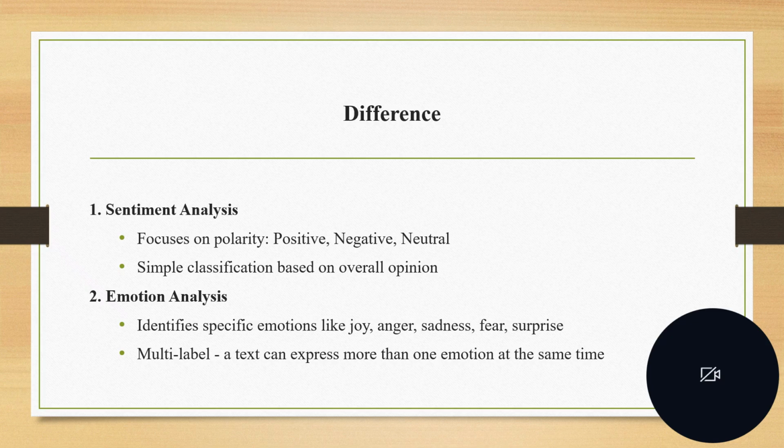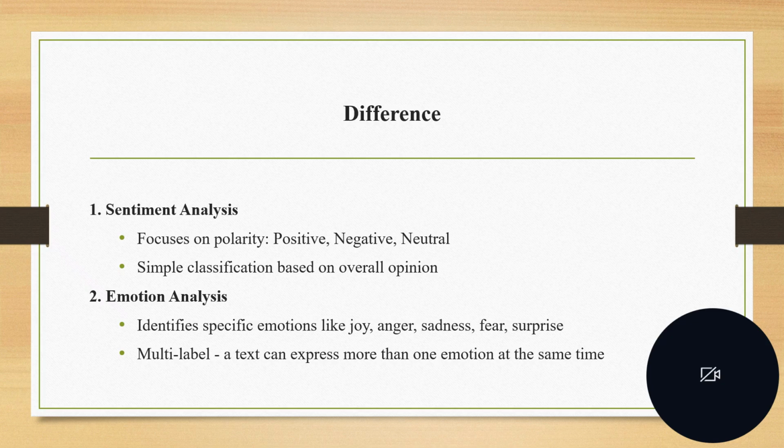So, what is the difference between sentiment analysis and emotion analysis? The difference can be understood like this. Sentiment analysis gives a high level judgment, positive, negative, or neutral, similar to giving a product a thumbs up or thumbs down.